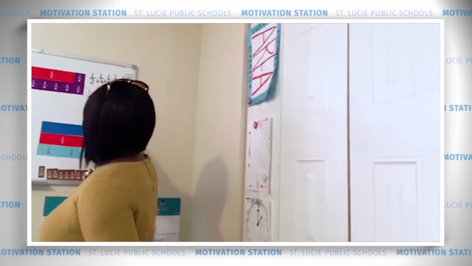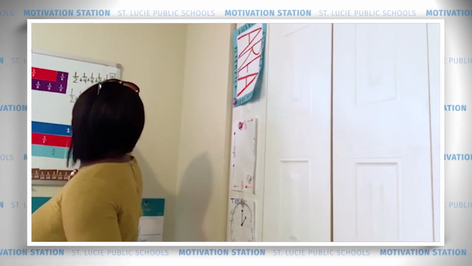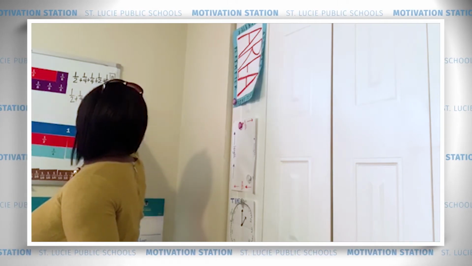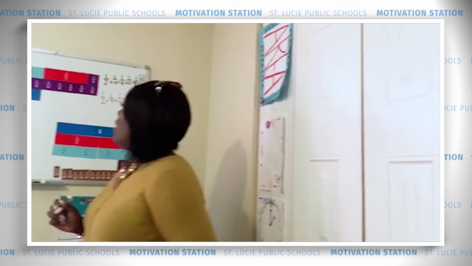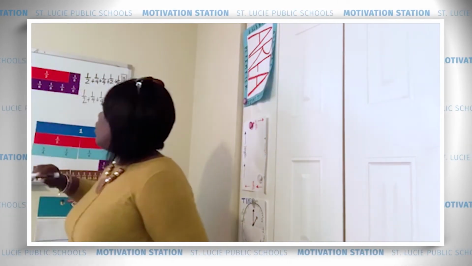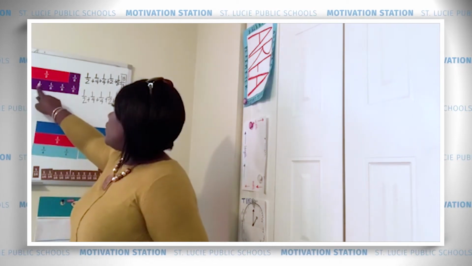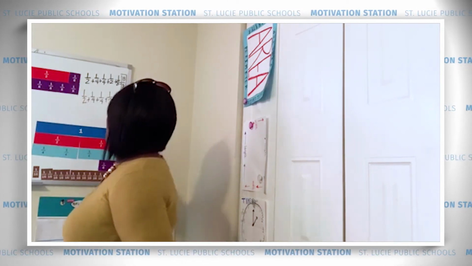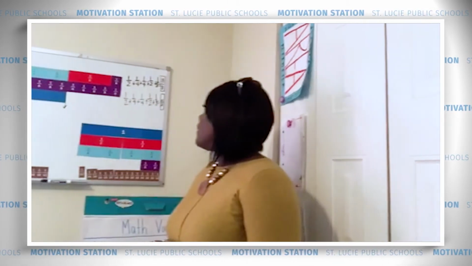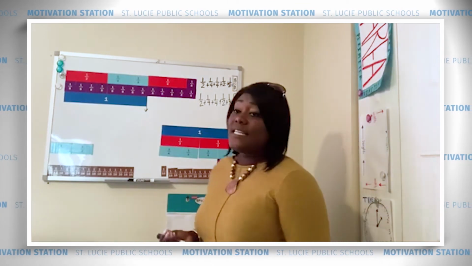So 1/2 plus 1/4 plus 1/4 plus 1/2 plus 1/8 is equivalent to... So right here I can see where we have 1/2 and 1/8, 2/8, 3/8, 4/8, 5/8. So it's equivalent to 1 and 5/8. So 1/2 plus 1/4 plus 1/4 plus 1/2 plus 1/8 is equivalent to 13/8 or 1 and 5/8.